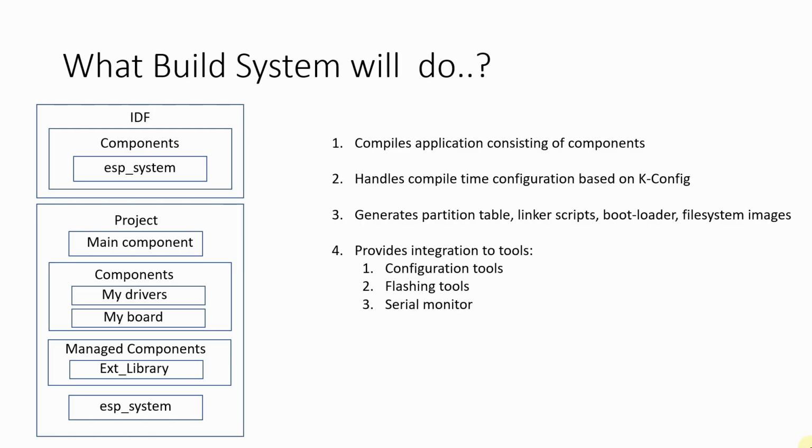It provides integration to various tools such as configuration tools, flashing tools, serial monitor of the IDE, and it provides the integration with ESP component registry, which will be most widely useful for using almost all the libraries in ESP-IDF. These are all the basic things that the build system does for us.